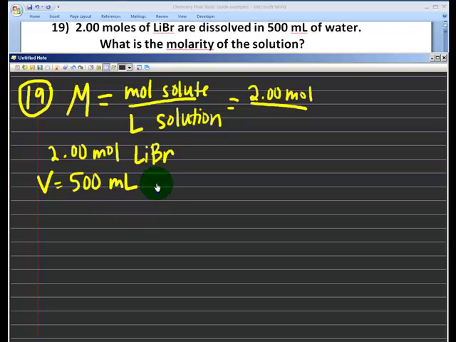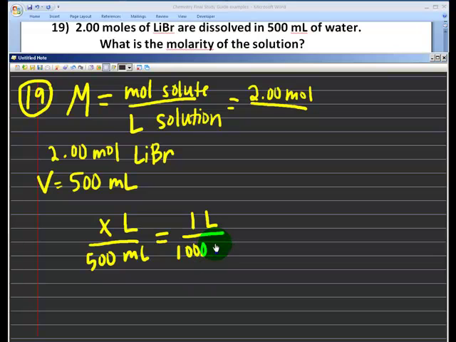All you need to do, you can set up a proportion, or you could just move your decimal place over. But let's set up a proportion. I want to know how many X liters I have in 500 milliliters. So I make that equal to 1 liter over 1,000 milliliters because I know there are 1,000 milliliters in 1 liter.